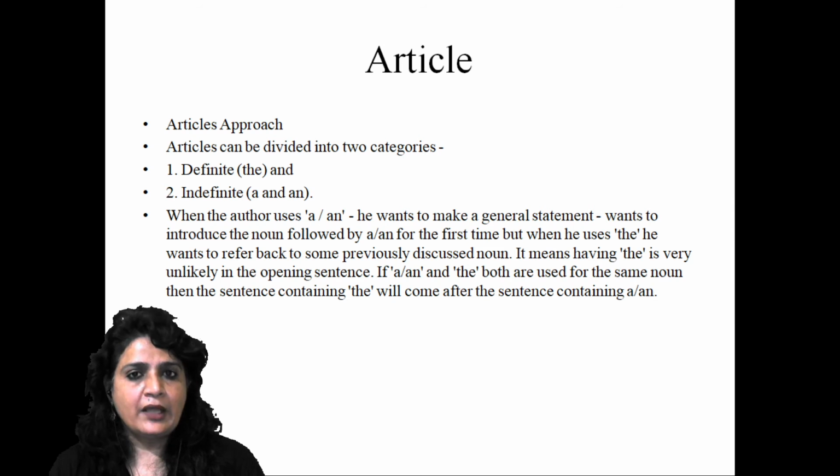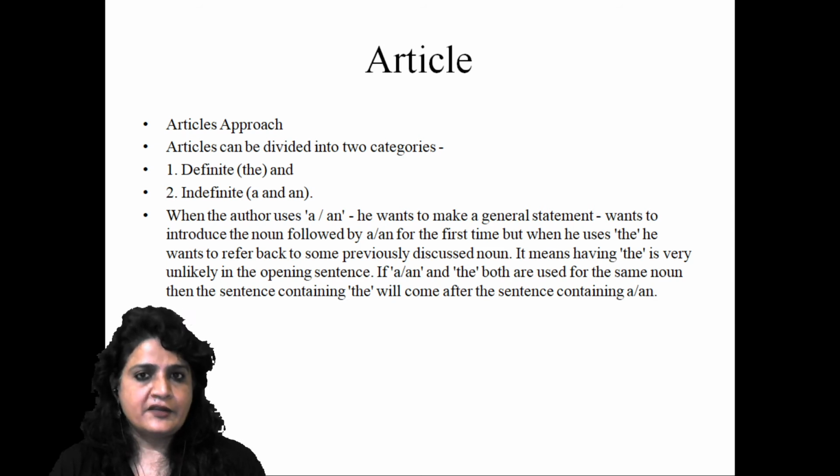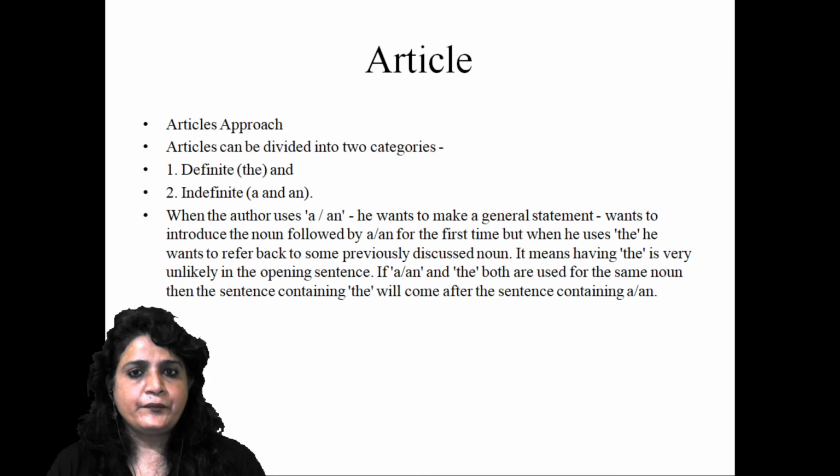The same rule applies when writing. When an author talks about a common noun, he will not use the article unless the same sentence mentions it further. We'll come to the exception later on. So if he introduces a common noun in a sentence, he will use a or an for it. And later on, when he uses the same noun or a replacement of that noun, he will use the.